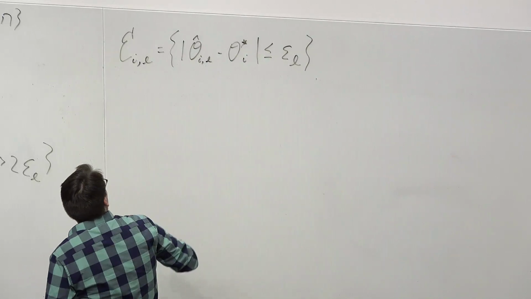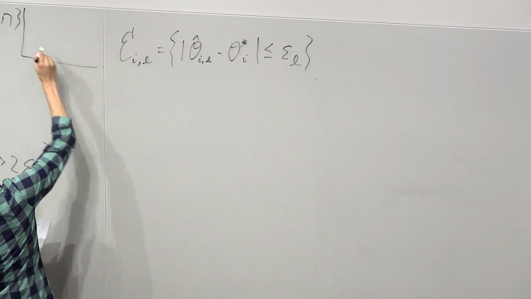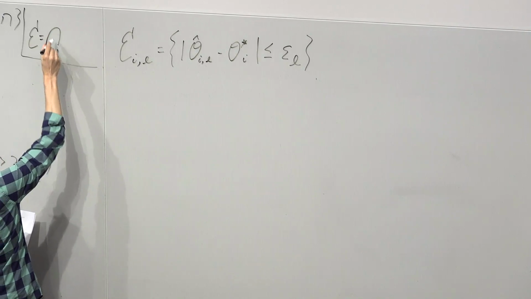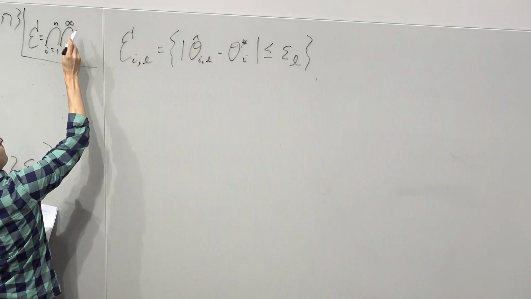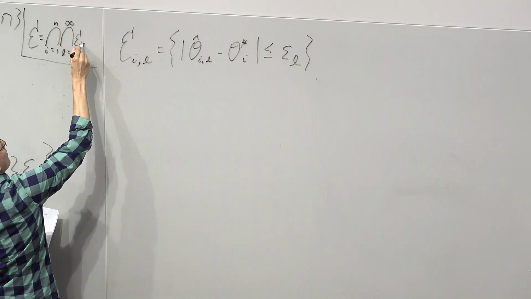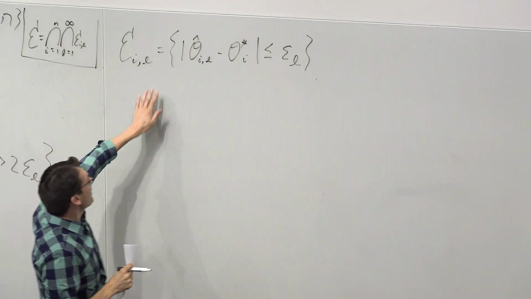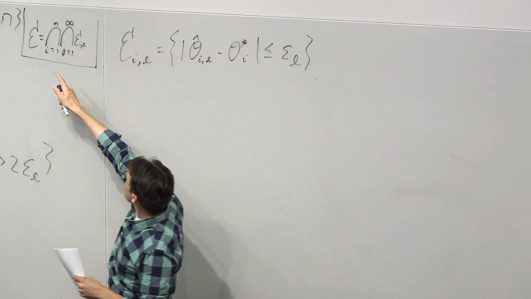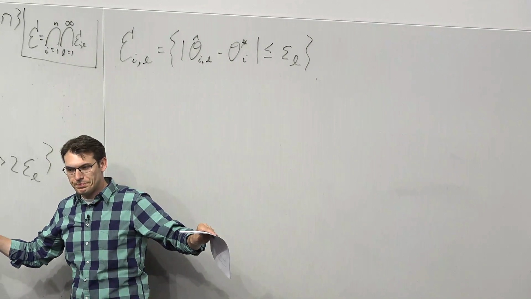So what I want is to define E. This is an individual arm at time L, and E, big E without any subscripts, assumes that they all hold for all time.